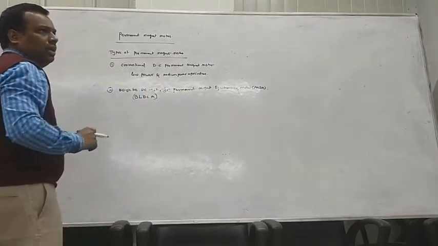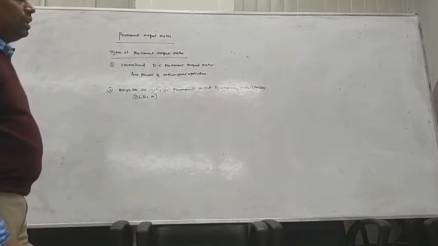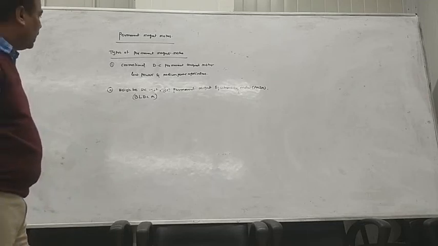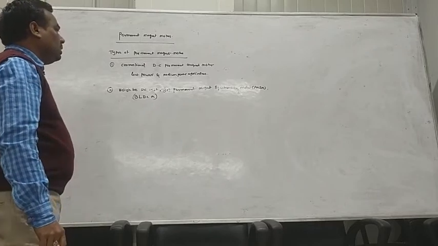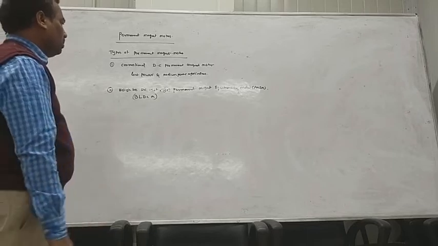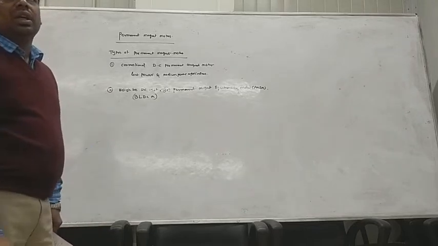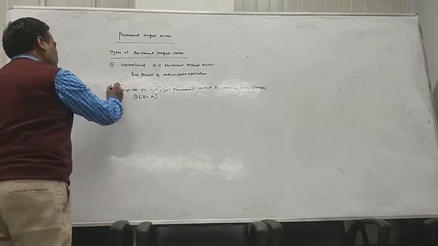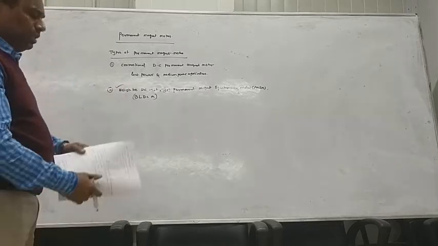Motors are of two types. The conventional commutator type, as well as brushless DC permanent magnet motor, can be used for low power as well as medium power applications. And the second one is the brushless DC motor or permanent magnet synchronous motor. The operation of this motor is almost similar to the synchronous motor operation. Here the special consideration is the brushless DC motor.